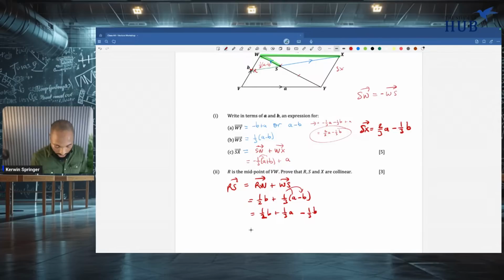So half minus 1/3 is, you can double check it. A half minus 1/3 is how much?